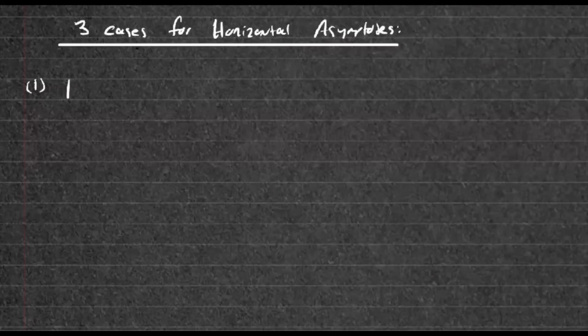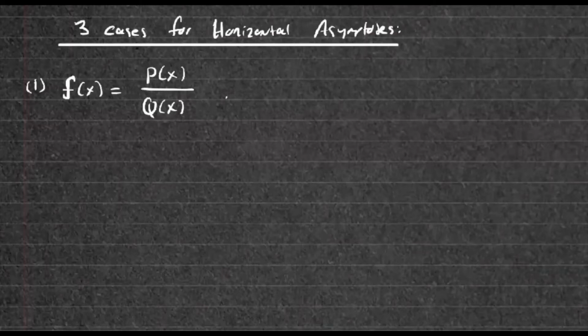Let's say your function f of x happens to be a polynomial over another polynomial, then the horizontal asymptote will be computed as follows. You take the limit as x approaches plus or minus infinity of p of x over q of x.